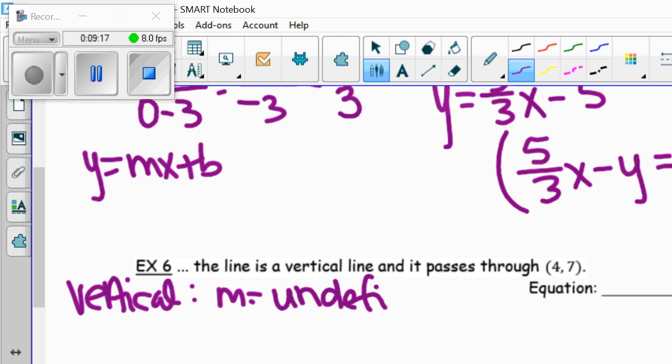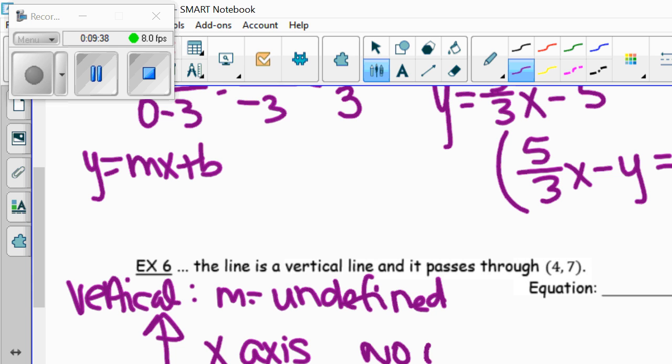Remember, this is where we are on our little bicycle and we come to the edge of the cliff and we're looking down thinking, no way, I'm not going down that. It goes up and down, crossing through the x-axis. Since it's crossing through the x-axis, we only have x's. There is no y in the equation.